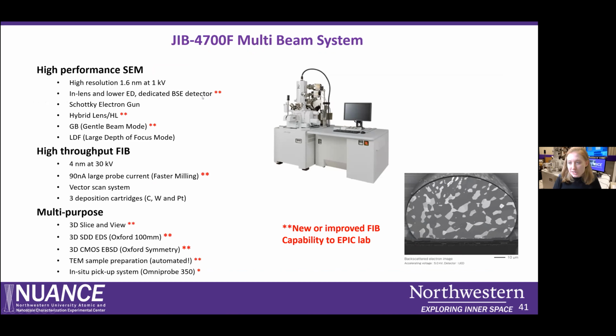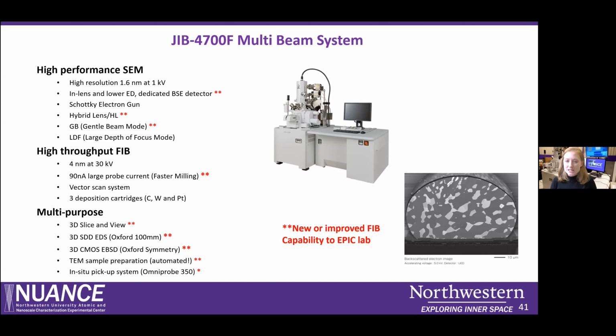It has a hybrid electrostatic electromagnetic lens, so you can image magnetic samples. And it has beam deceleration, so you can apply a negative bias to the stage to reduce the interaction volume of the beam with your sample. On the FIB side, it has a much higher probe current and can mill very quickly. And it has just a bunch of bells and whistles. It is truly a Swiss Army knife.